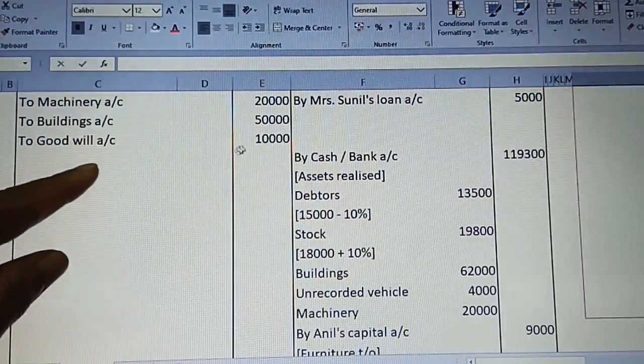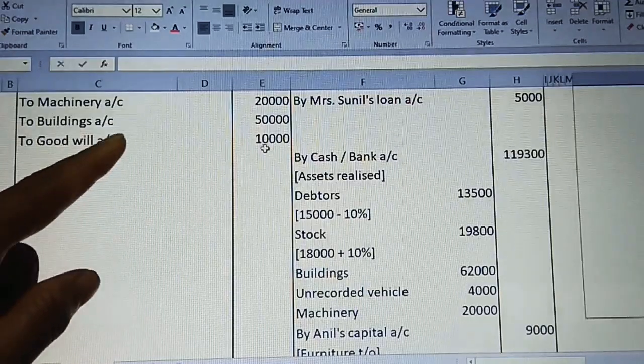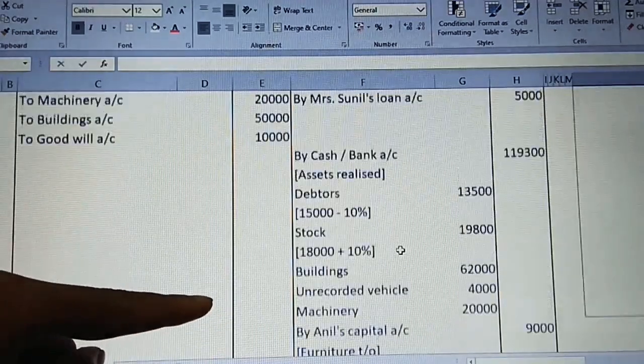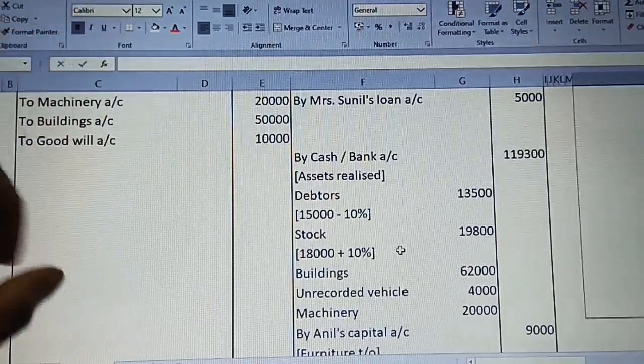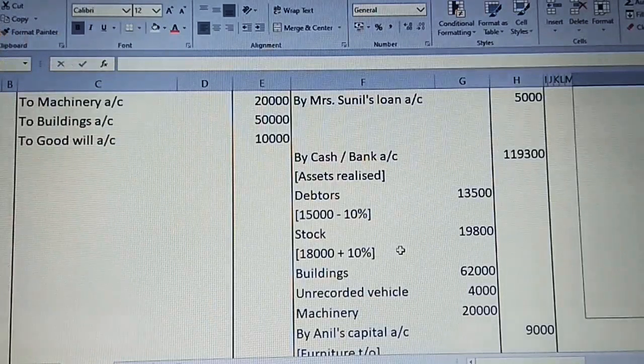Now, goodwill account, goodwill is going to be an intangible asset. Here, we cannot consider this. Why? Because it's assumed as valueless. If the instruction is not given related to goodwill, whether it has been realized or taken over by any of the partner, you have to assume and consider it is valueless, and you are just going to leave it out.